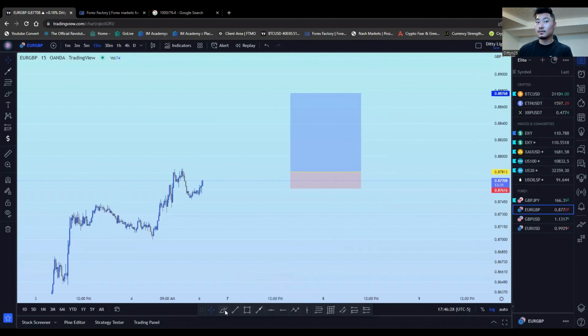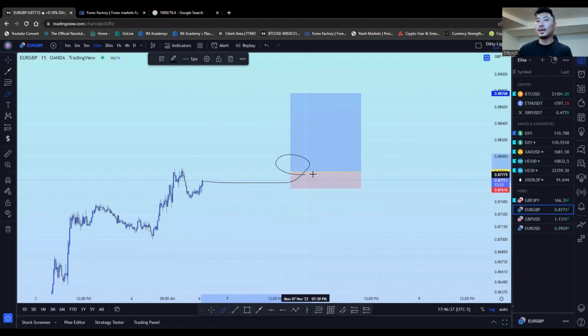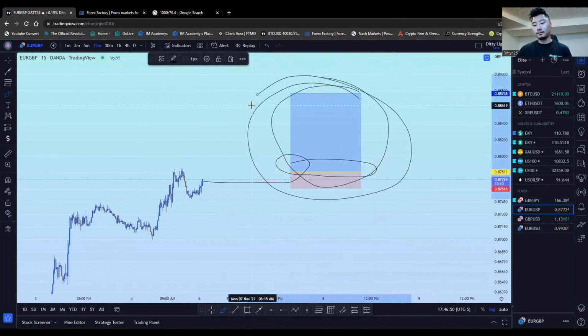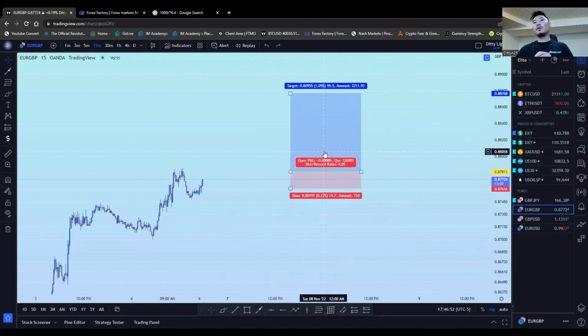So what you are looking at is, for example, if the price hits your pending order, it will activate your position. This is what we call a buy stop. Okay, so simple.